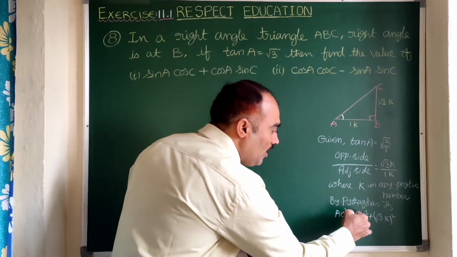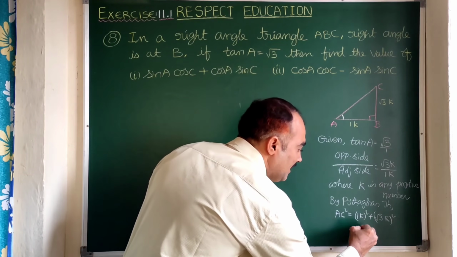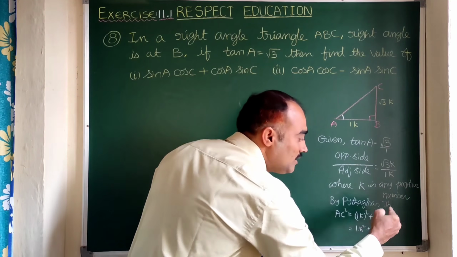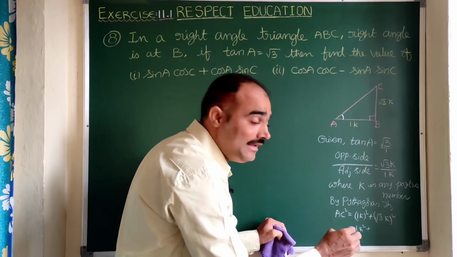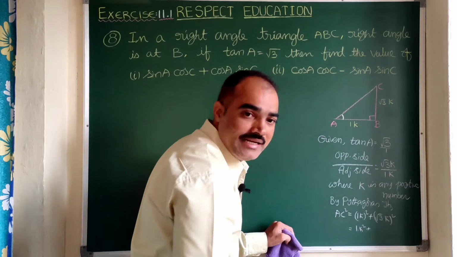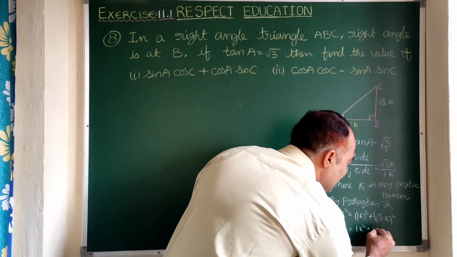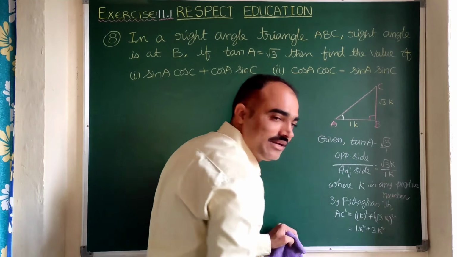On simplification, 1 into k square plus root 3 square. Square root and square both get cancelled, root 3 square is 3, so 3 into k square.